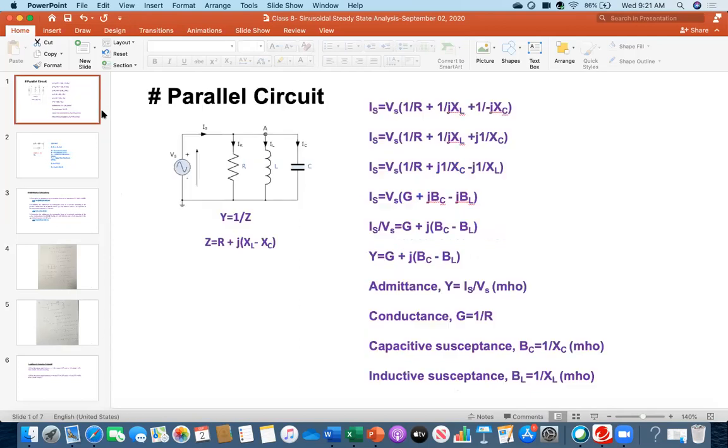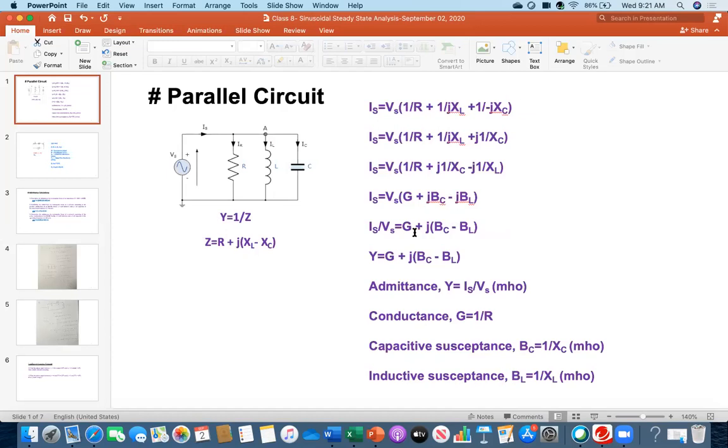But in case of parallel circuit, you will be using the word susceptance. Susceptance means the reciprocal of the reactance, and the reciprocal of resistance is conductance. So I believe these are quite new terms for you. From today, as an engineer, you will have to remember these terms: BC, capacitive susceptance; BL, inductive susceptance.